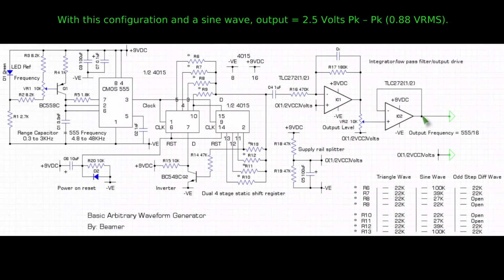The 072 offers an improved slew rate, but because I'm not using a gain feature within these 2 op-amps, even the TLC 272 is operating at its maximum bandwidth. And even if I apply a square wave at 30 kilohertz, the rise and fall time is sharp enough to offer a good rise time and fall time.